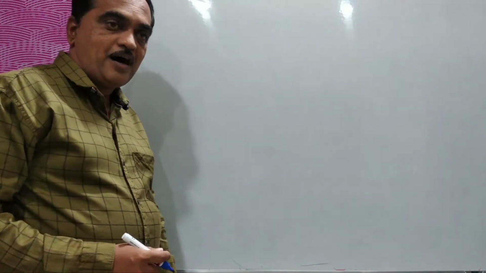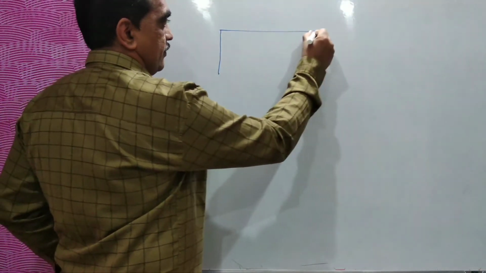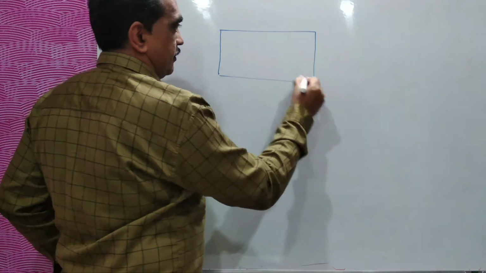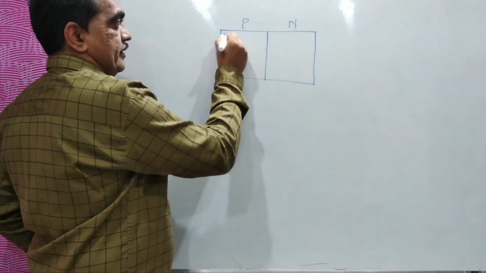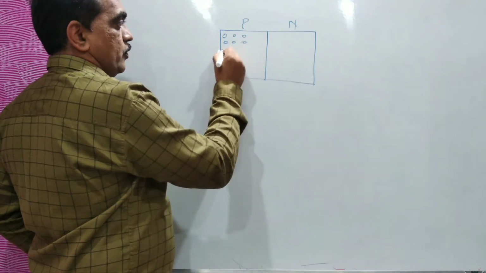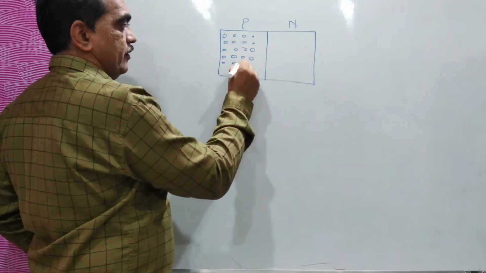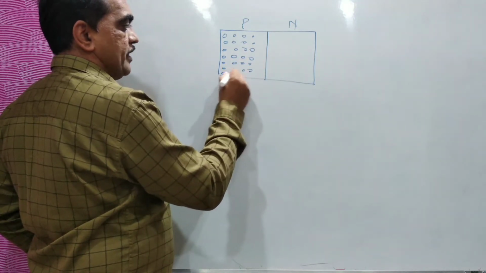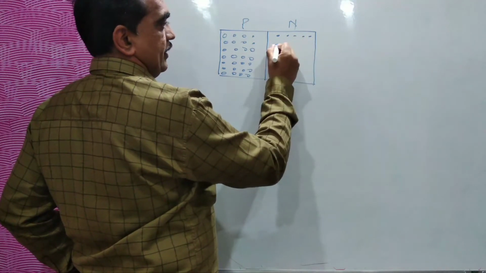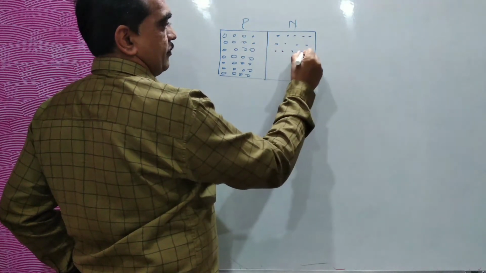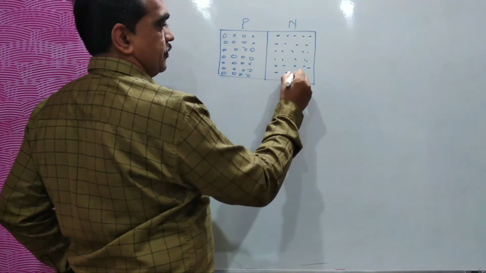Now here in a Zener, we will see a PN junction like your ordinary PN junction, P and N, and here you will see holes. These holes in the P-type area will be very heavily doped. There are many holes. Similarly, there are many electrons in the N-type area, which are very heavily doped.